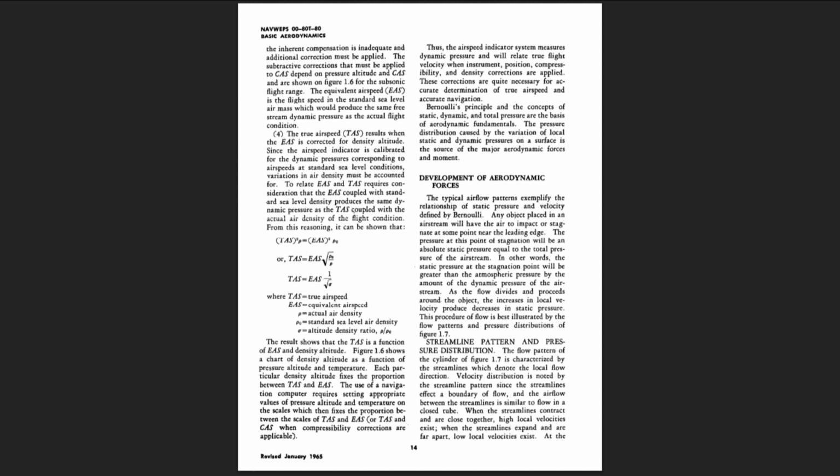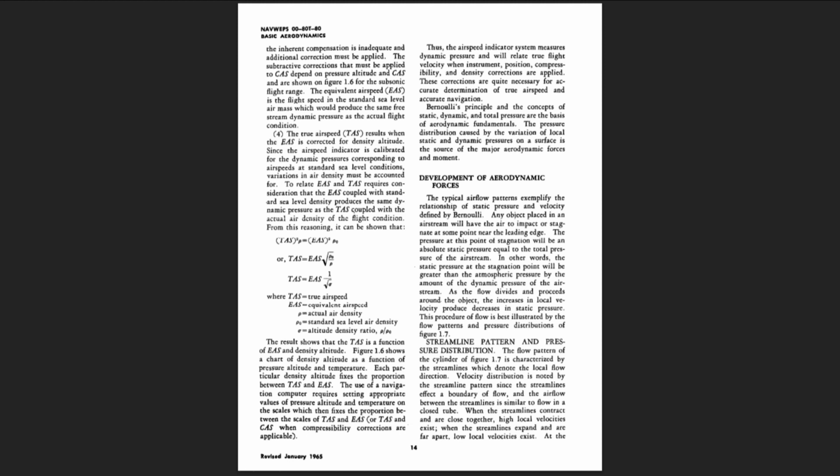Where TAS equals true airspeed, EAS equals equivalent airspeed, ρ equals actual air density, ρ₀ equals standard sea level air density, and σ equals altitude density ratio, or ρ over ρ₀.